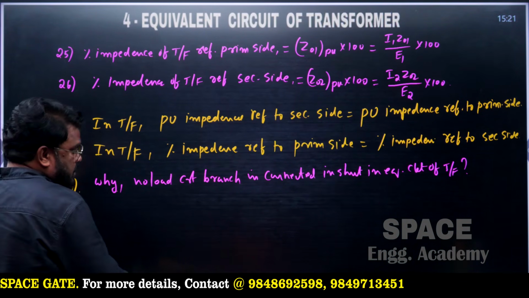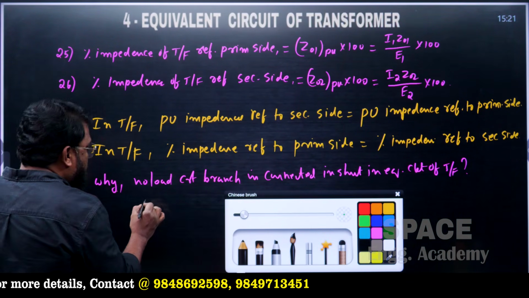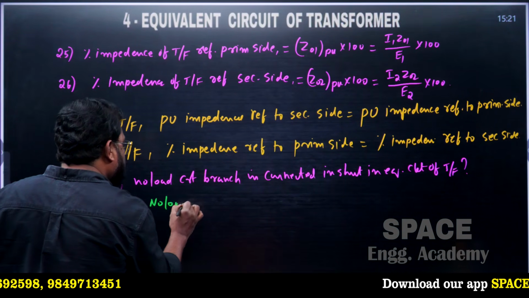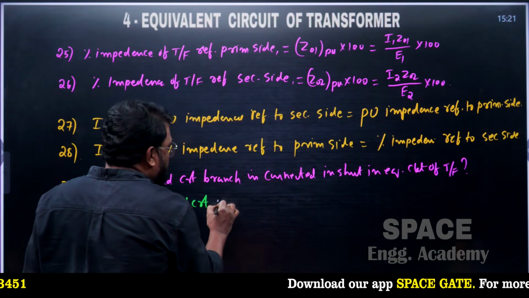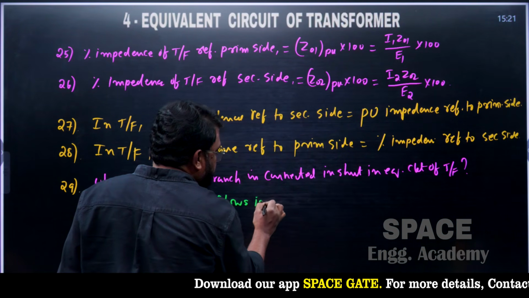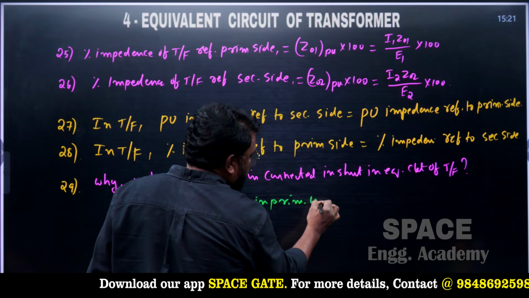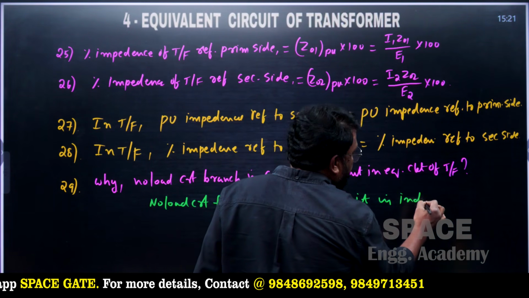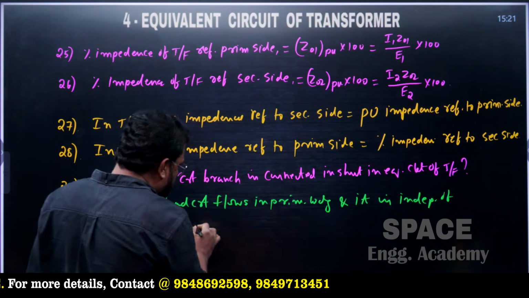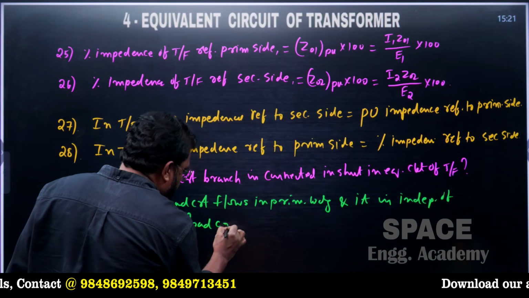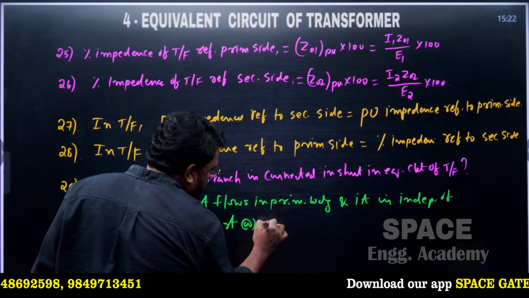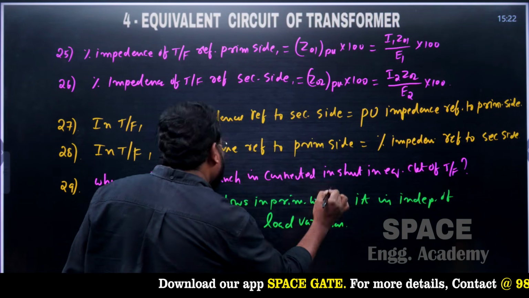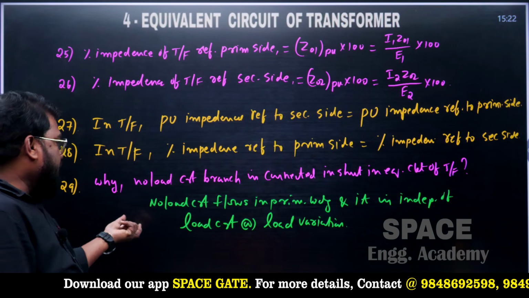So no load current flows in the primary winding only, and it is independent of the load current or load variation. This is the reason for this question. That's why it is connected in shunt.